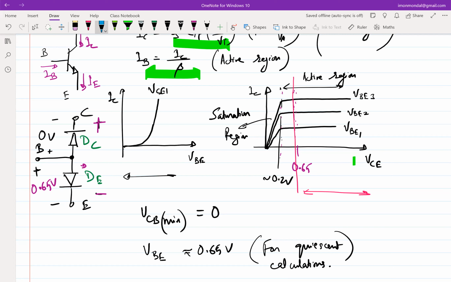Then this terminal, in terms of doping, is P, and this terminal is N. Similarly, in the top diode, this terminal is N and this terminal is P. Since they are sharing the two P terminals, you can remove one of the P. So this is called an NPN BJT.